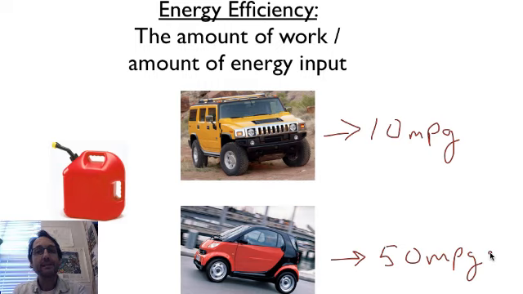The gallon of gasoline that went into those cars did a certain amount of desired work, which was driving, and then the rest, because of the second law of thermodynamics, was converted to a less desirable or less energy-intensive form in the form of heat. So the heat of the engine, the heat of the drivetrain, the heat of the tires from friction on the road, all of these things are dissipating the energy that was initially in that gallon of gasoline.